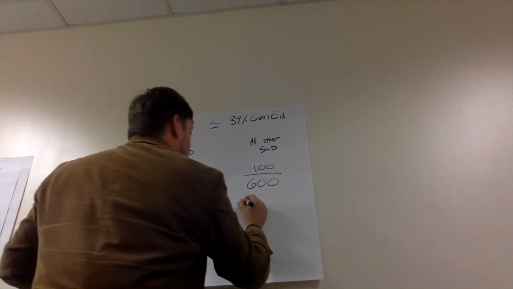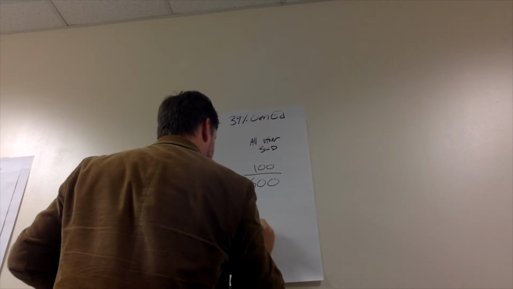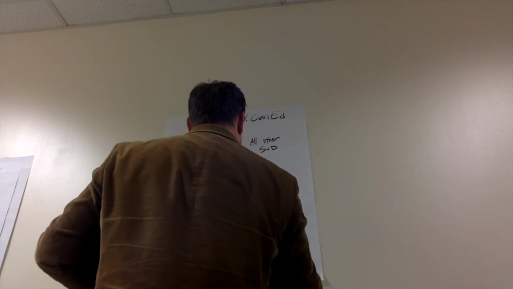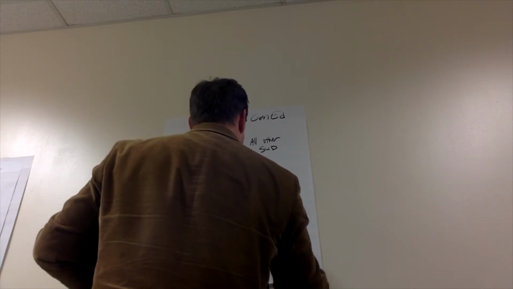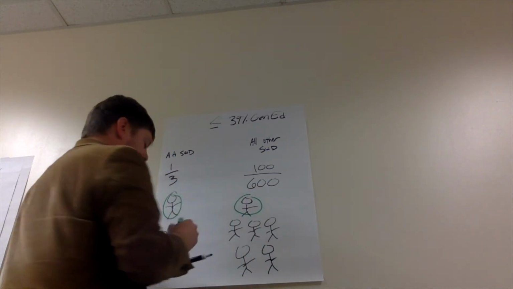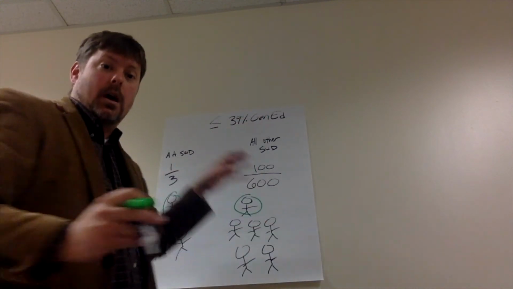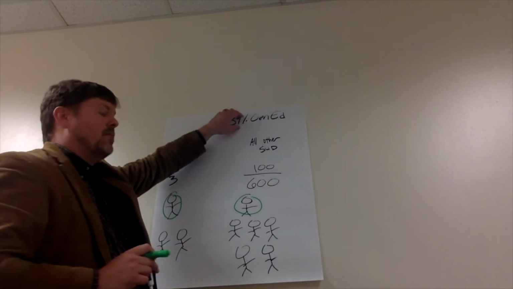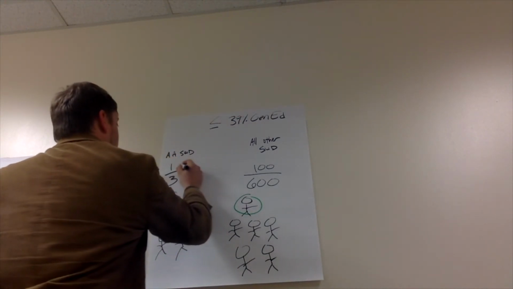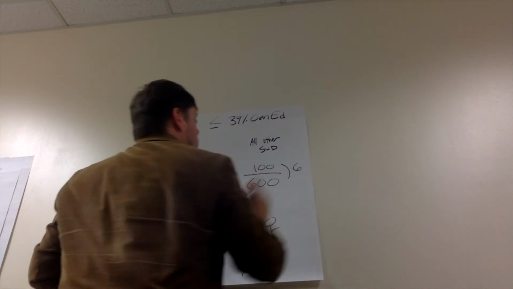So what we know is that 1 out of every 6 students, out of all other races other than African Americans, have this instructional placement in this scenario. So when we look at the relationship here, 1 out of every 3, that's a relationship of 3. This is a multiplicative relationship of 6.